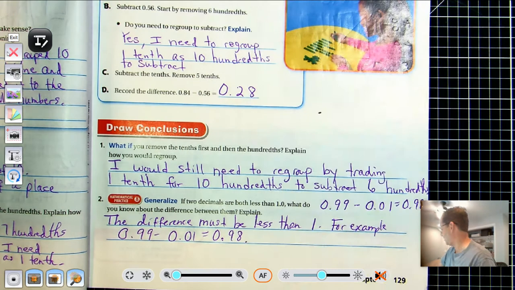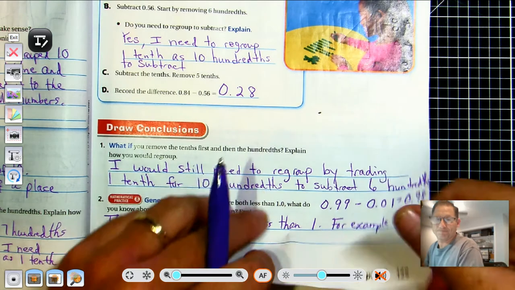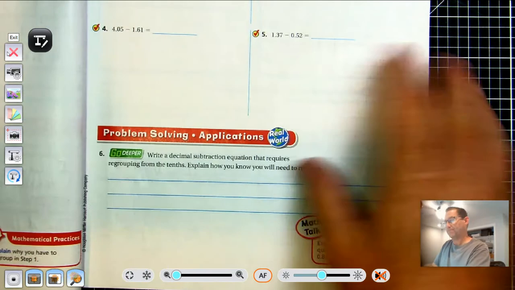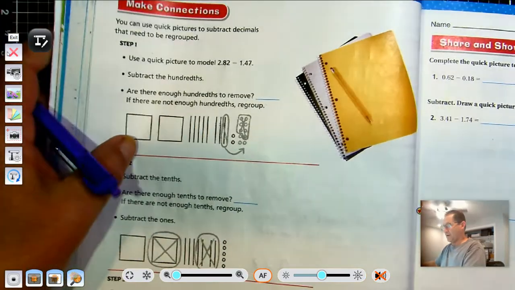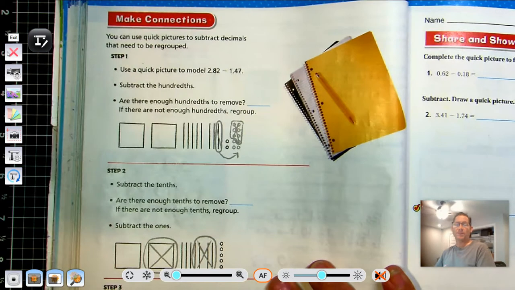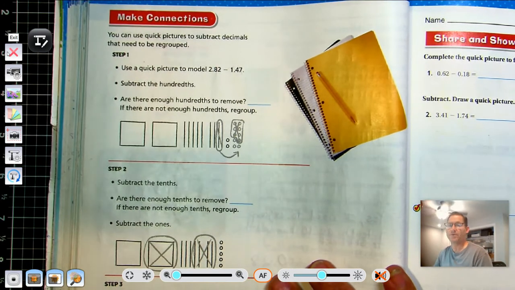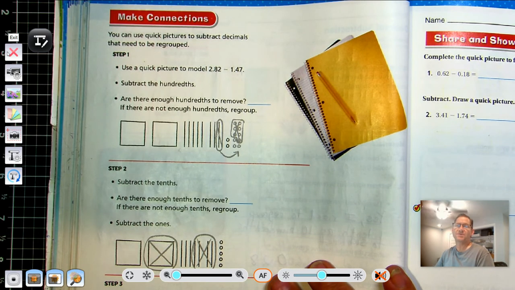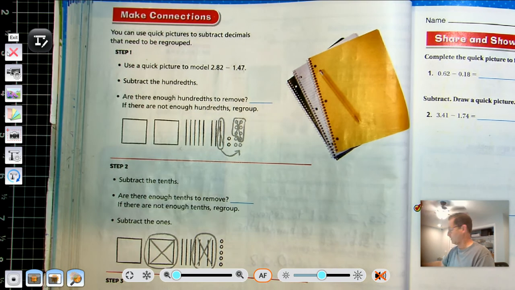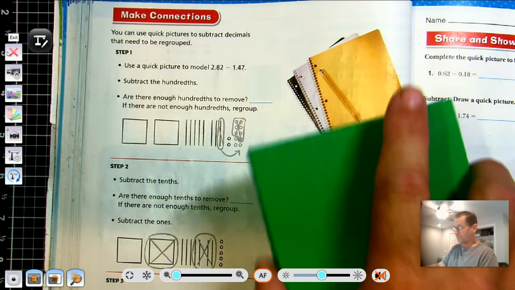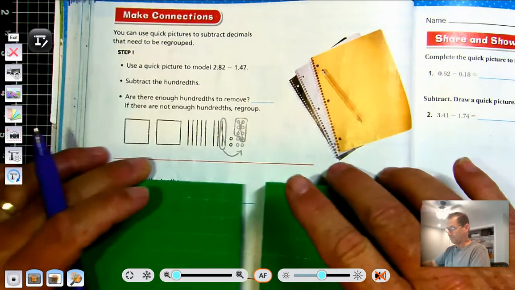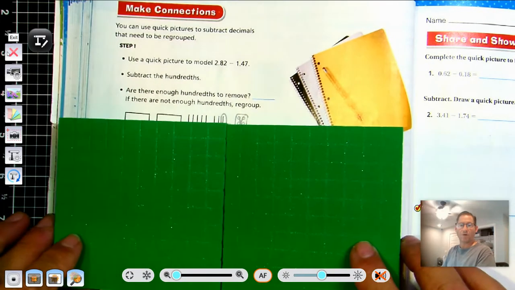All right, let's continue. We can use quick pictures to subtract decimals that need to be regrouped. So use a quick picture to model 2 and 82 hundredths, take away 1 and 47 hundredths. I'm going to show you with the models first.